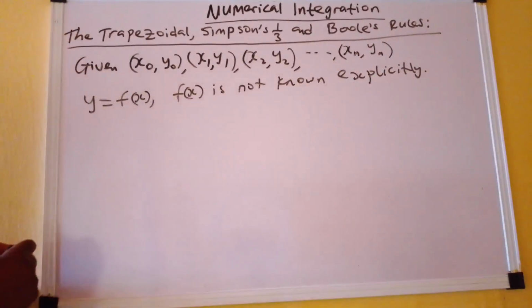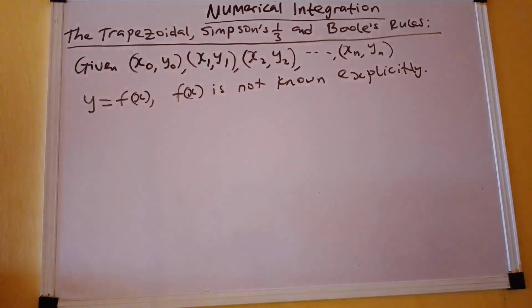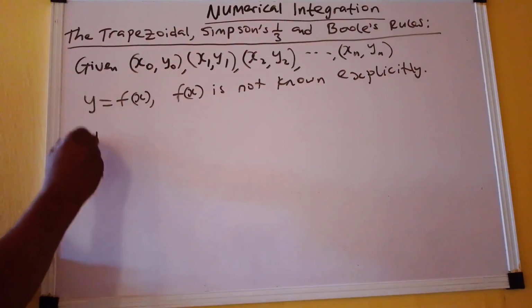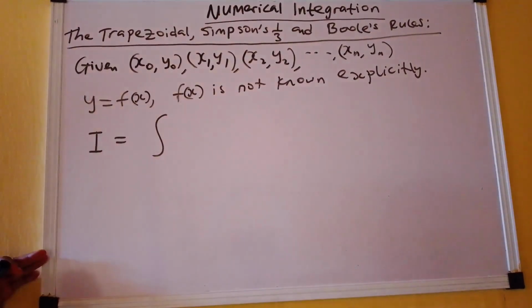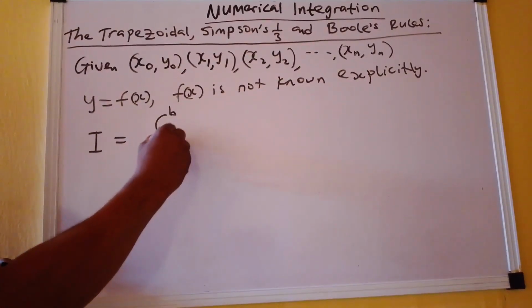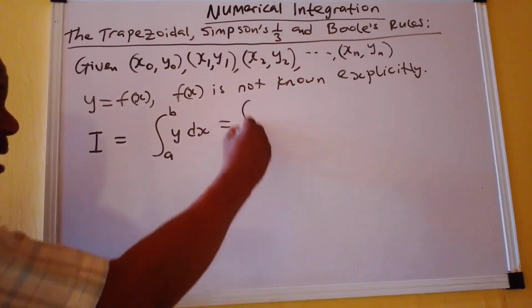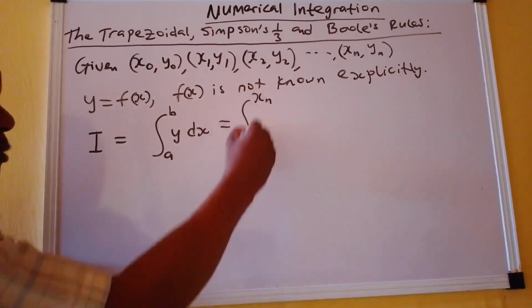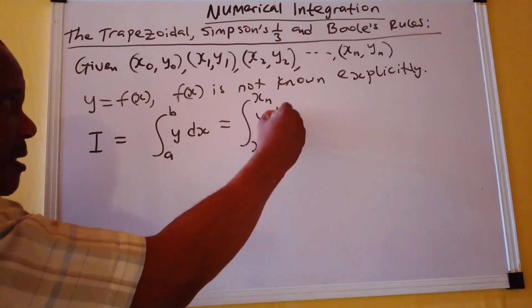So when f of x is not known explicitly, we can carry out numerical integration of the form I equals the definite integral from a to b of y dx, or we can simply write it as from x0 to xn of y dx.